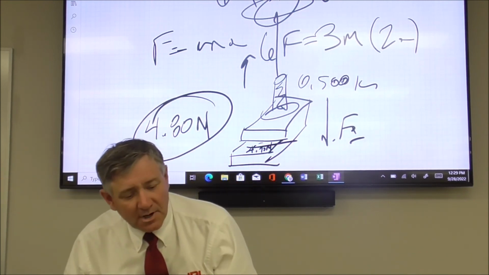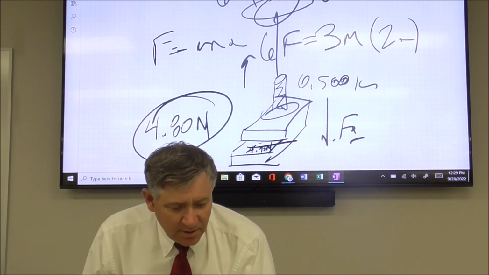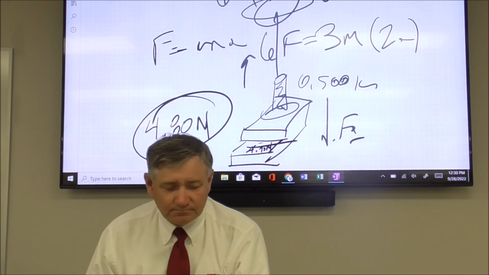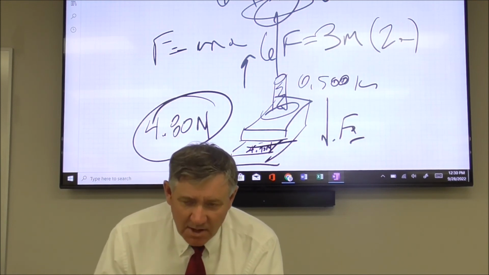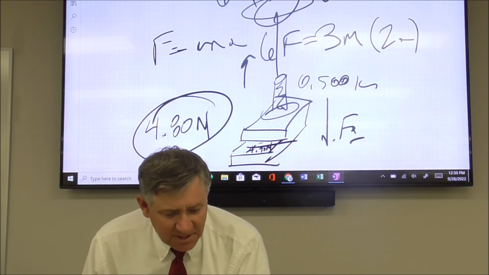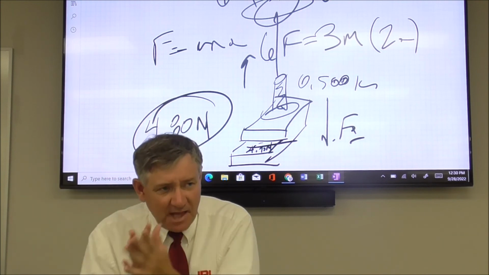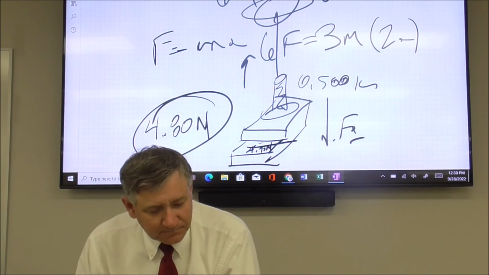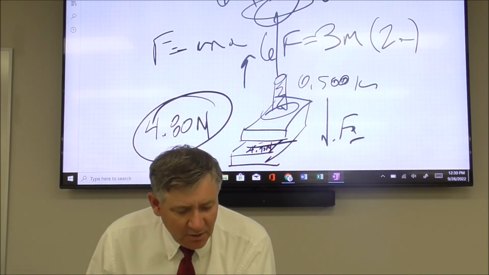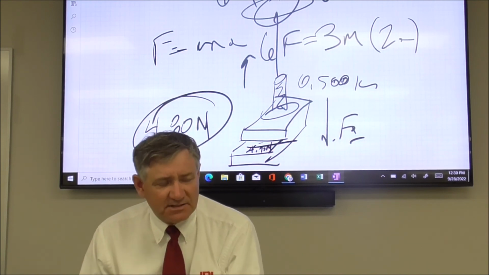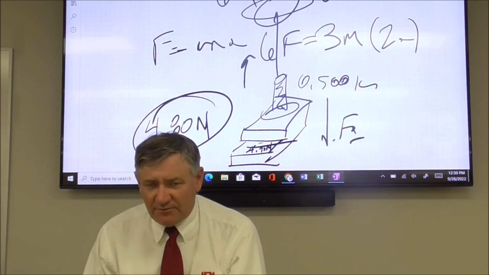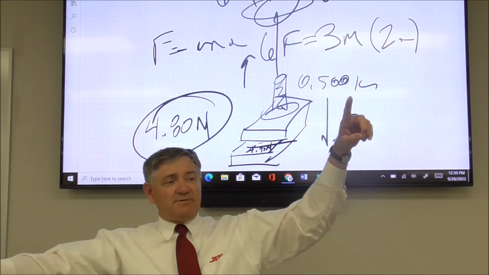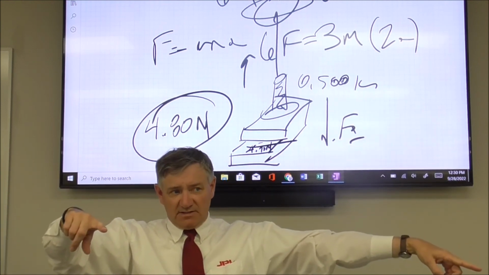Keep that in mind when you get to number 5. Number 5 is probably the most complicated one on the entire assignment. Imagine you have a box and you're pushing it along at a constant velocity. All the forces add up to 0. I gave you the coefficient of friction, which allows you to calculate the frictional force. Once you know the frictional force, then you know the applied force, because everything has to add up to 0 since it's moving at a constant velocity.